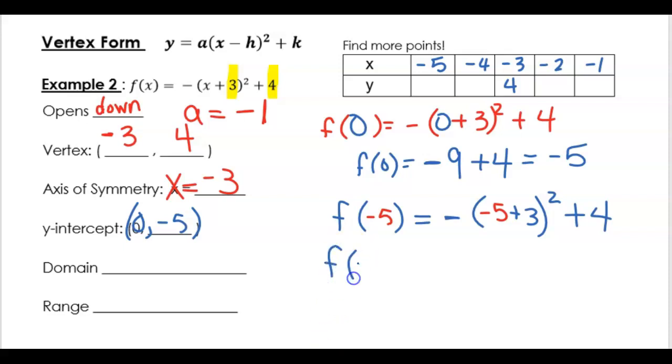So this is going to be this negative sign, and we're going to have a +4. And inside the parentheses, that's going to be a -2. And a -2 times a -2 is a +4. And this negative is the negative out in front of the parentheses. So what's -4 plus 4?